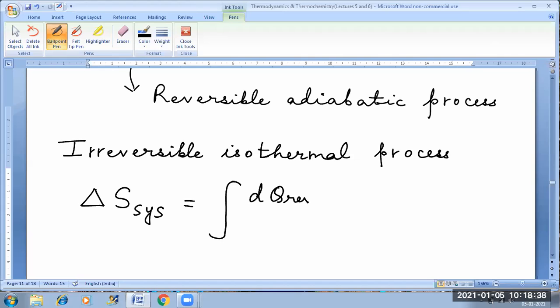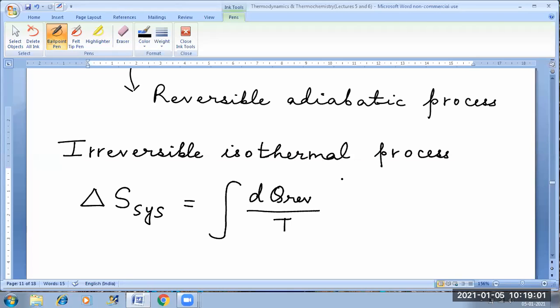again I have to say this. Means the value of dq for system will be that value of dq which would have been the case if the process had been reversible.